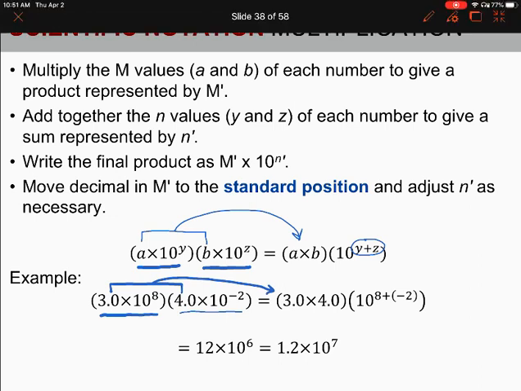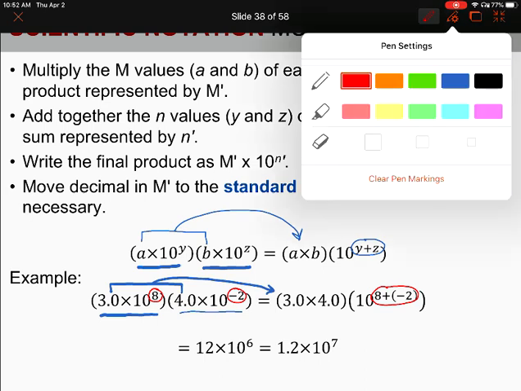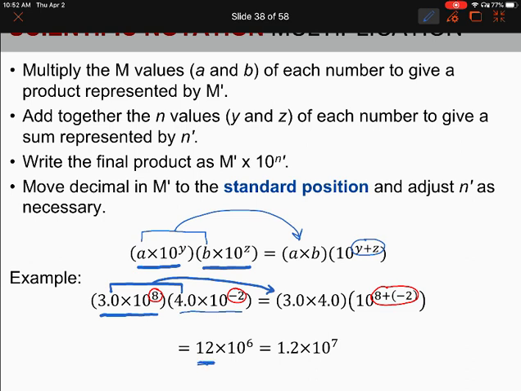And then we're going to add the exponents, so 8 plus negative 2 for the power of 10. Now, initially, what we end up with is 12 for our coefficient, and then 6 as our exponent, but this is not correct scientific notation.